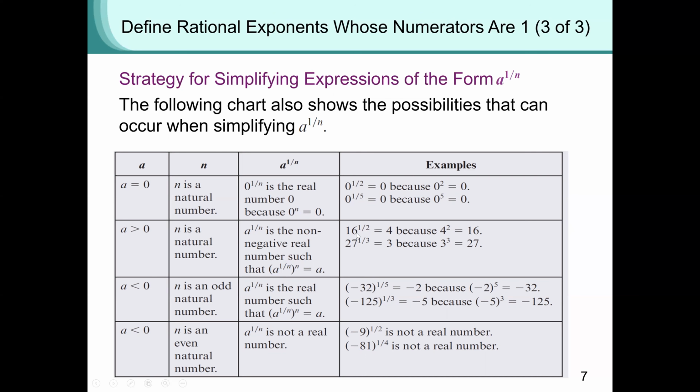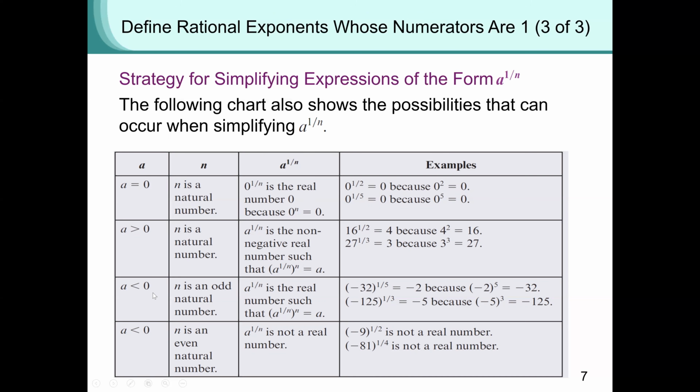The example given to you is 16 to the power 1/2 will be 4. Why? Because 16 is 4 squared. So we get 4 squared times 1/2, which will cancel. 27 to the power 1/3 will give us 3. Why? Because 3 to the power 3 is 27. And since we have a power 3 times another power 1/3, the answer will be 1, so it's 3. Now here we have to be careful. We saw the rule.